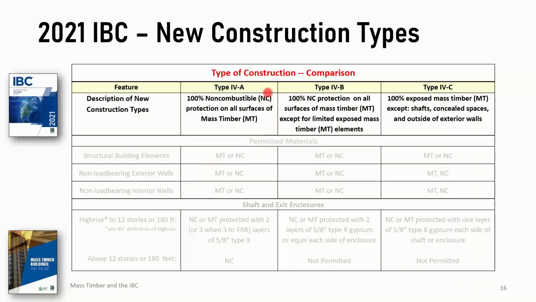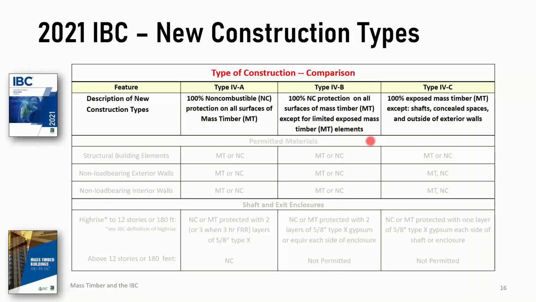First of all, there is no exposed mass timber surfaces in Type 4A construction. And Type 4A allows the greatest heights of the three construction types and the greatest areas. There is limited exposed mass timber permitted in Type 4B. It says 100% non-combustible protection on all surfaces, except limited exposed mass timber elements.